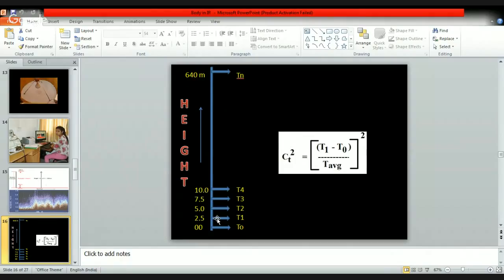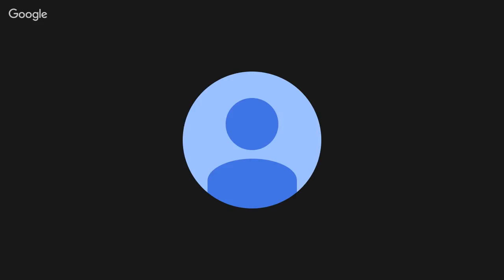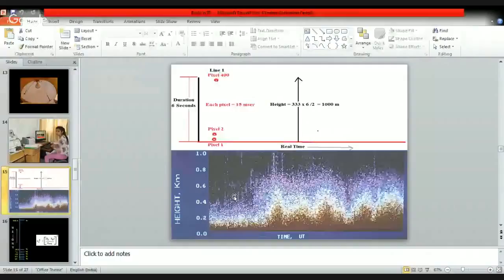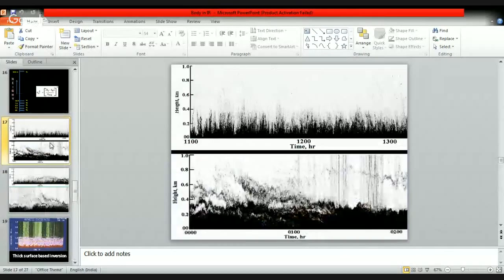The difference of temperature between two thermometers, we have to square it, and that will contribute towards the strength of my signal. Because it is a square, my sound will not distinguish whether the temperature is decreasing or increasing. For this, the intensity of scattering will be the same. But it is my own interpretation that I will be able to give you in this particular slide.